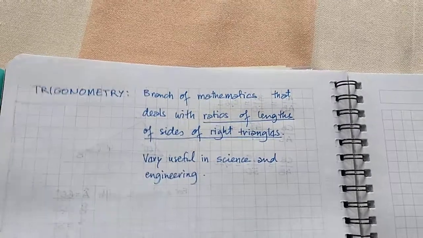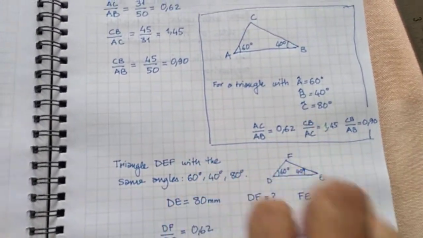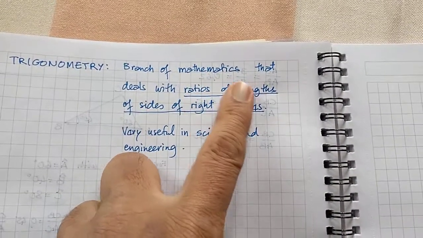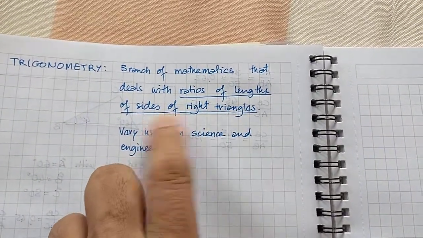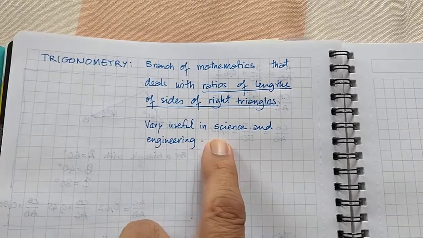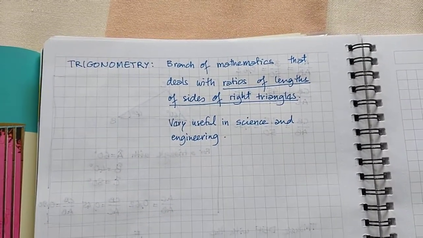So here, this is it, ratios of lengths of sides, but this is not for a right triangle. Trigonometry deals with ratios of lengths of sides of right triangles. It is extremely useful in science and engineering and even in other mathematical fields.